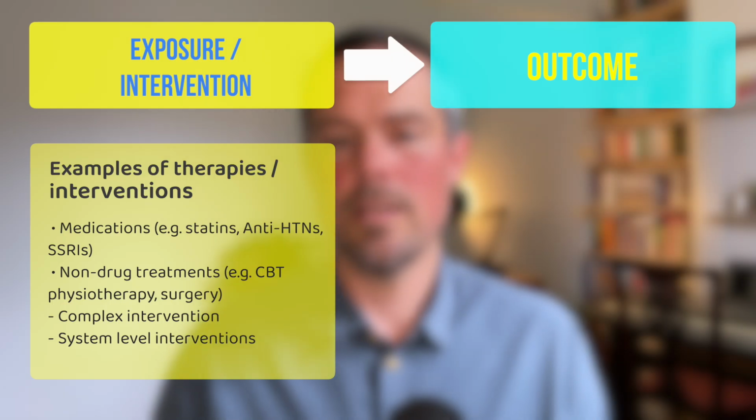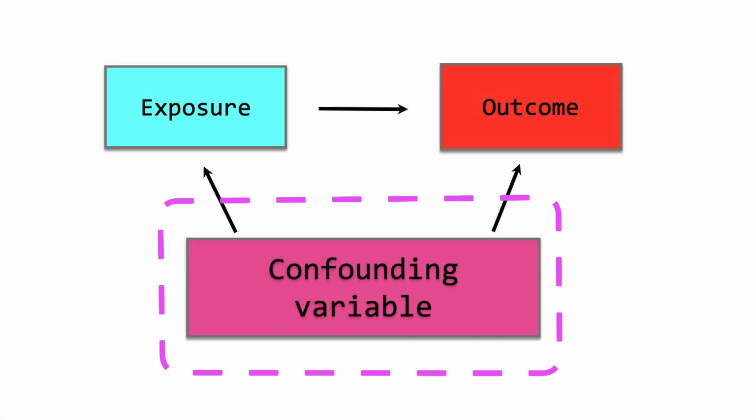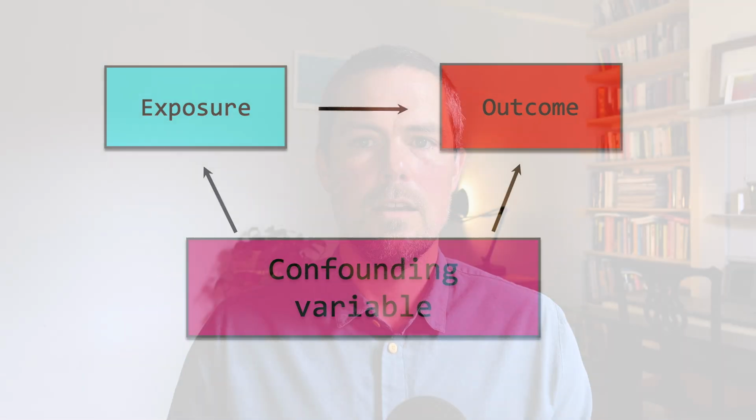All of our therapies should be tested through randomized control trials, which, as we learned in the last video, are a mechanism to remove the concept of confounding, which is inherent in observational research. Our therapies can also be tested when we pool multiple randomized control trials together into a systematic review of randomized control trials. And today we're going to mention both randomized control trials and systematic reviews of randomized control trials.